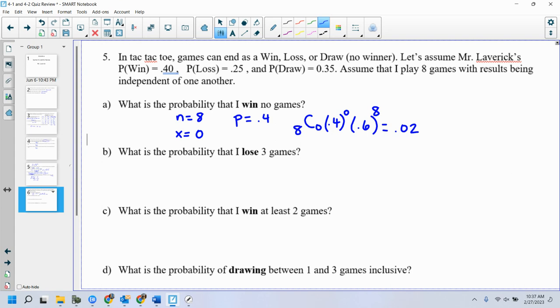What is the probability that I lose 3 games? Okay, so n is still 8, x is 3. What is p in this case? 0.25.